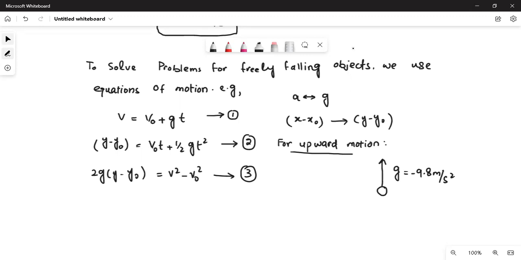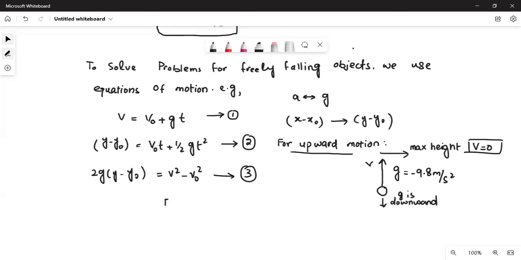It means its velocity is decreasing upward, so g is downward. Why is it negative? Because g is downward all the time. g remains always downward, whether an object is going up or down, because gravity is the pull of the earth. When it reaches the maximum height, v will become 0 meter per second.